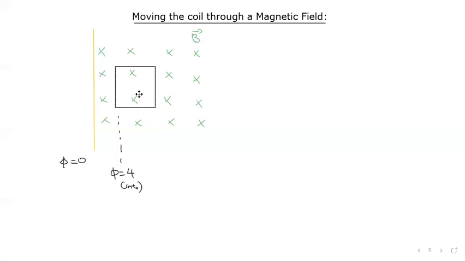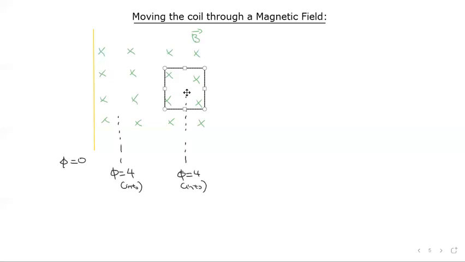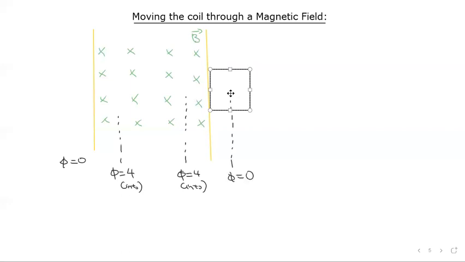And then over here, because it's a constant magnetic field, you'll assume it's more or less the same. So all the way up to here as well, the flux will be 4 into the page. But of course, now that it's going to get towards the end of this magnetic field, when it exits, it's now going to become 2. And when it exits fully, it's going to become 0. So at this point here, we're saying the flux is now 0.